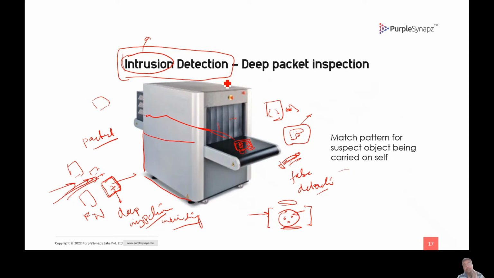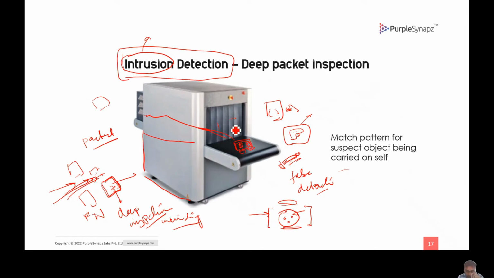So if you understand this, again, I'm telling you the basics: this is what an intrusion detection system is. All that you will read, all the terminologies, all the technical terms, will be around this.